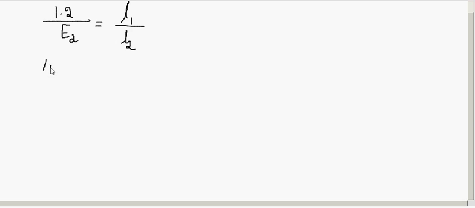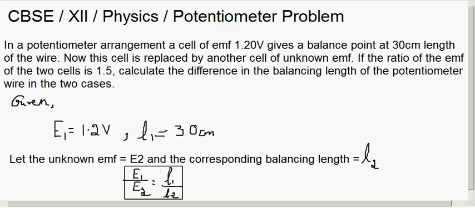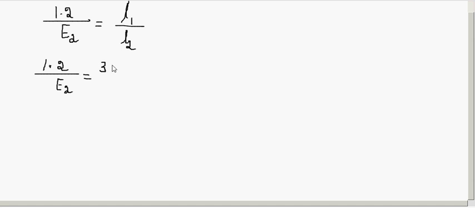We can substitute that also. So 1.2 divided by E2 equal to L1 is 30 centimeter, 30 divided by L2.